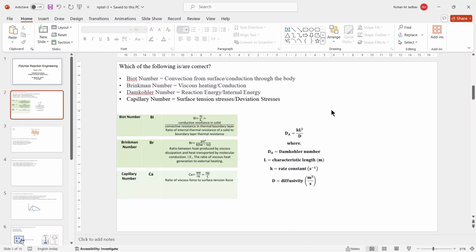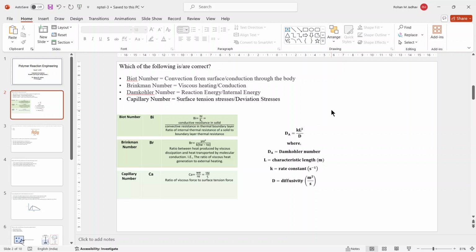Then the last one we have is the capillary number. For the capillary number, we have the definition as surface tension stresses divided by the deviation stresses. And the definition which has been given right here is the ratio of viscous force to the surface tension force, that is mu by sigma.